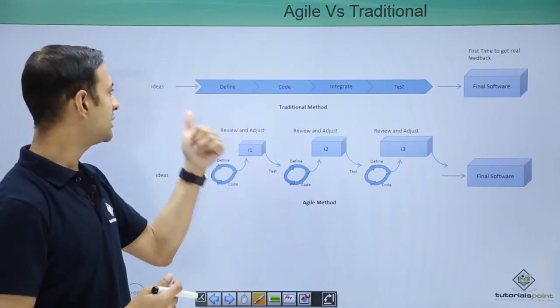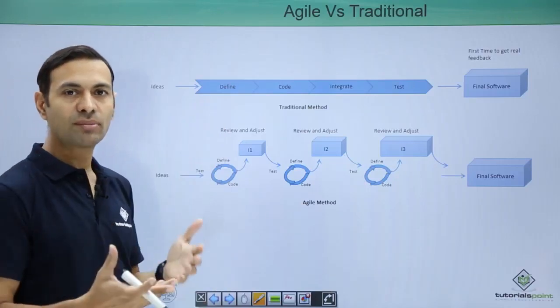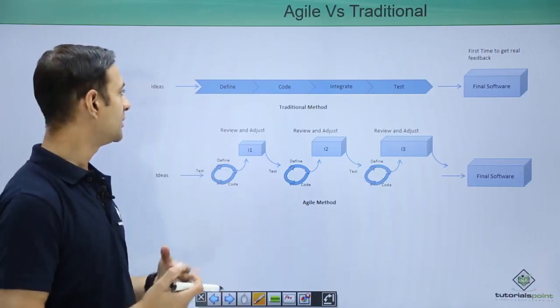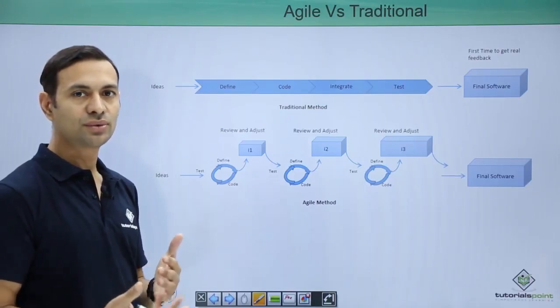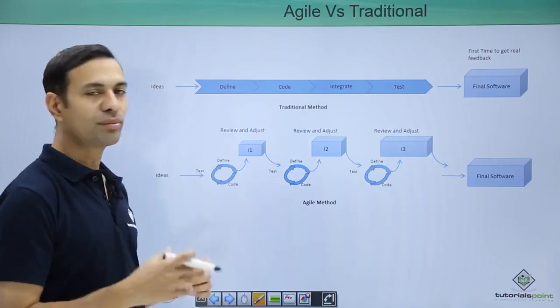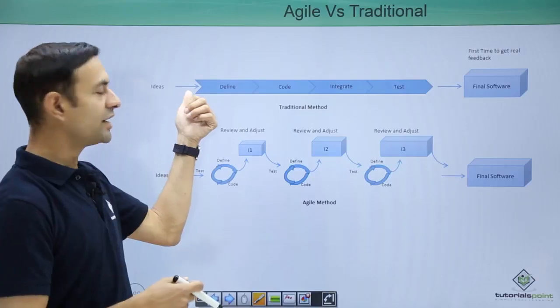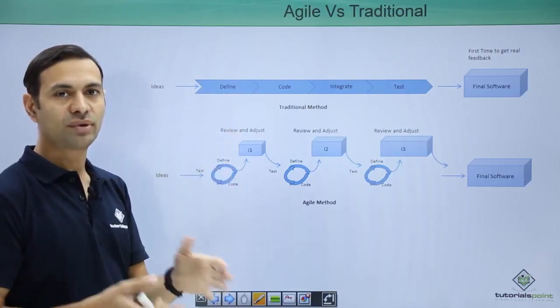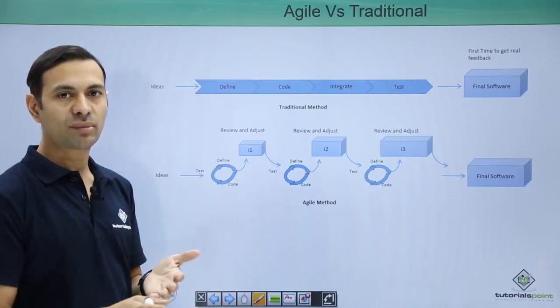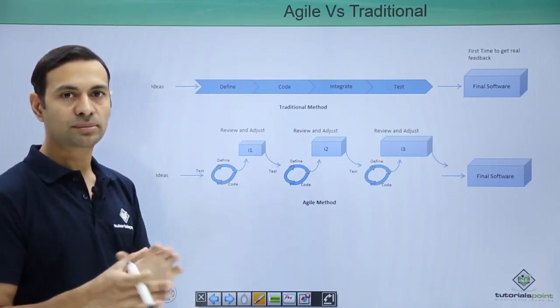In the traditional method, we have ideas, basically requirements we have received from clients, because clients say this is what I want to do, and how to do it is our responsibility. So we have ideas from clients, we define the set of requirements, and make a document with hundreds of requirements written in a short and crisp way.